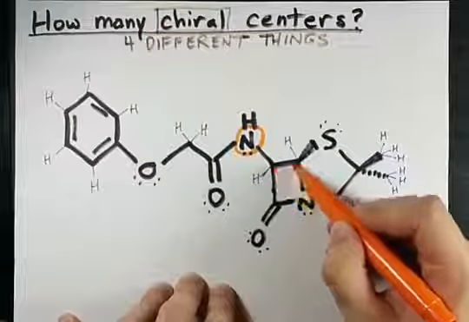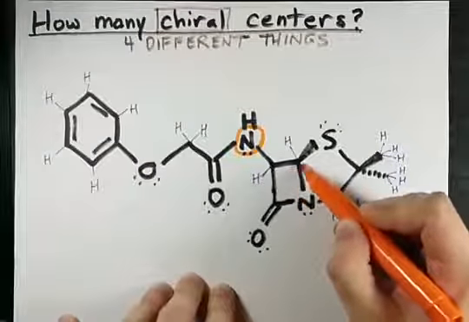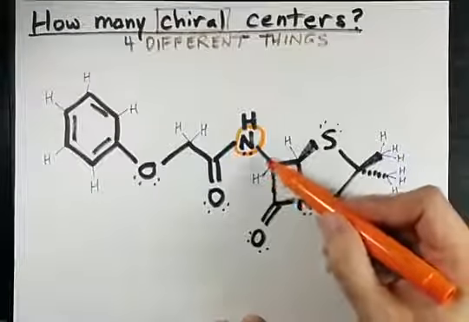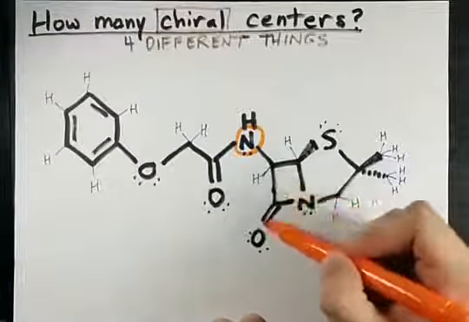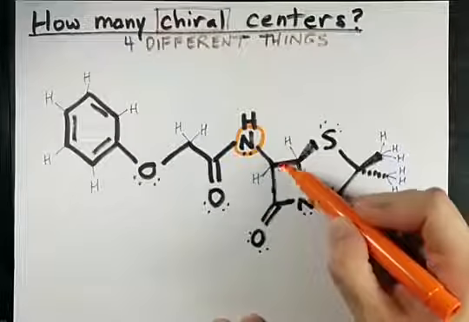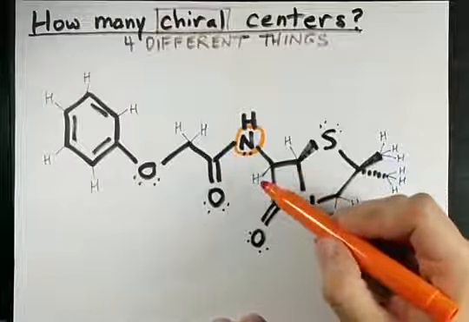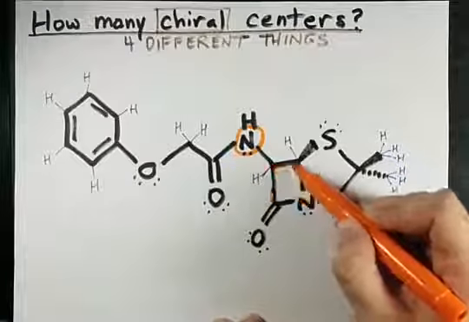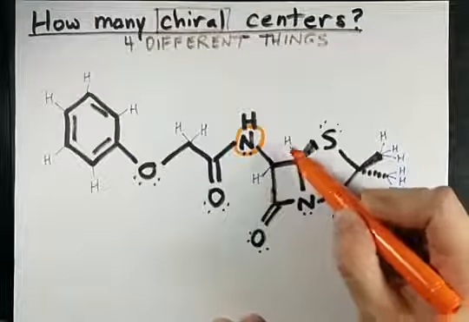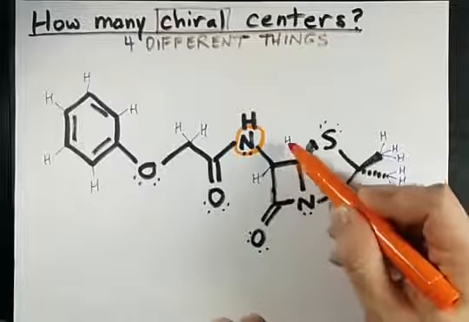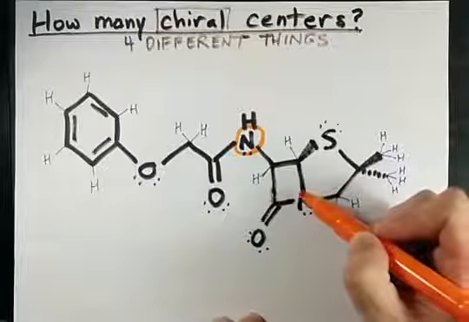It's connected to this square this way, and the same square this way. Now, when you go around the square, it's not symmetrical. So these 2 branches count as different things. Put another way, if you go this way, you encounter a CHSN, like a carbon connected to hydrogen, sulfur, nitrogen.